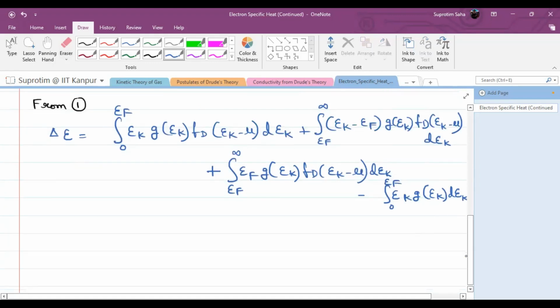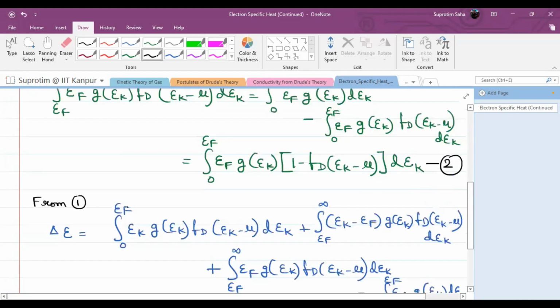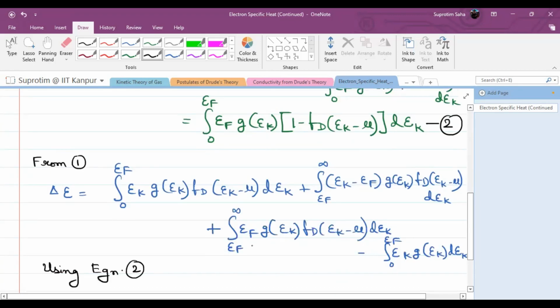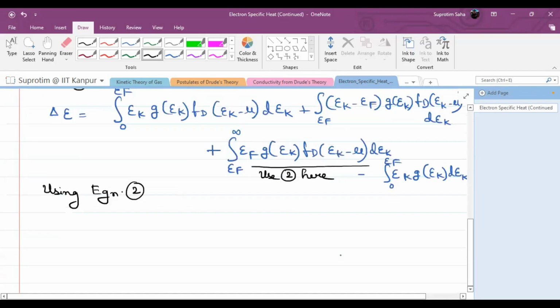All right. So now you have to use equation 2, because you've already got the value of epsilon F to infinity EF G of EK Fermi Dirac EK minus mu D of EK. So this is this term. Use 2 here, right? This will be very lengthy, but anyway, let's just do it.